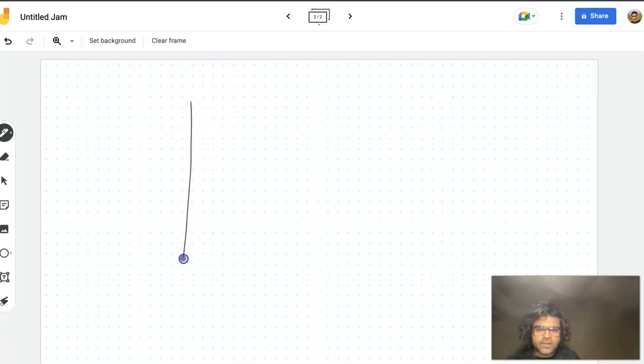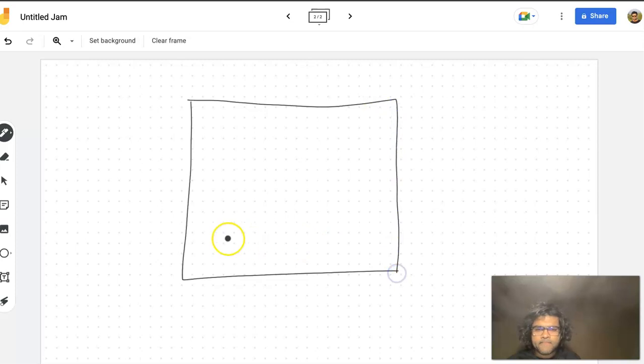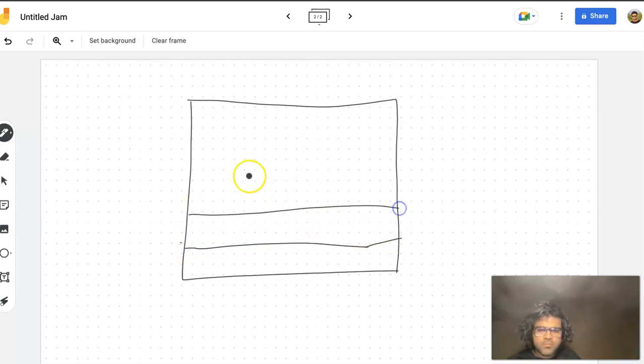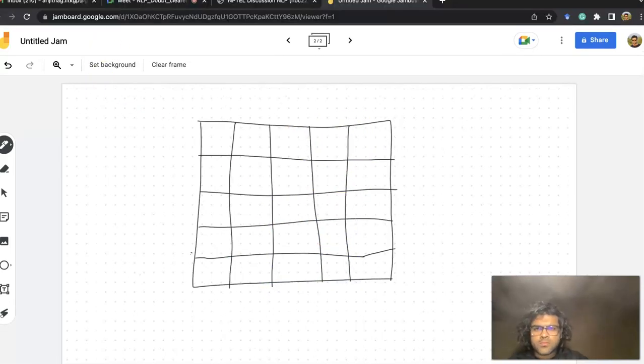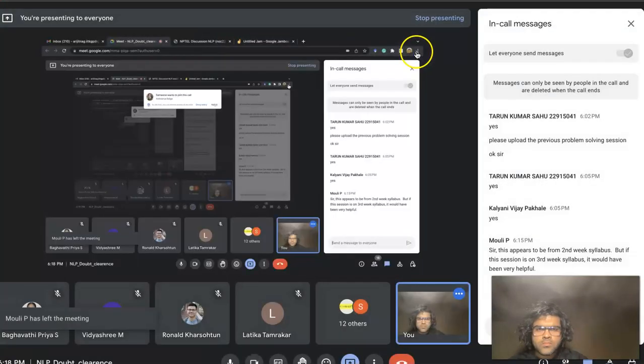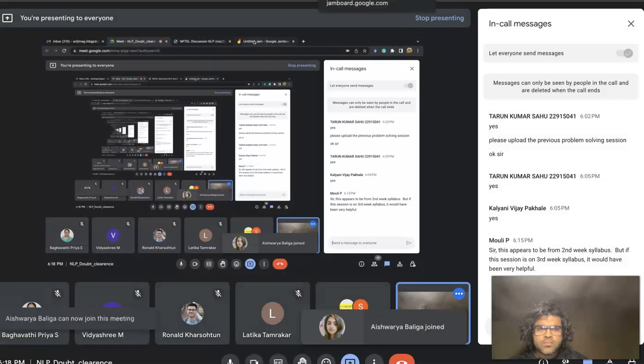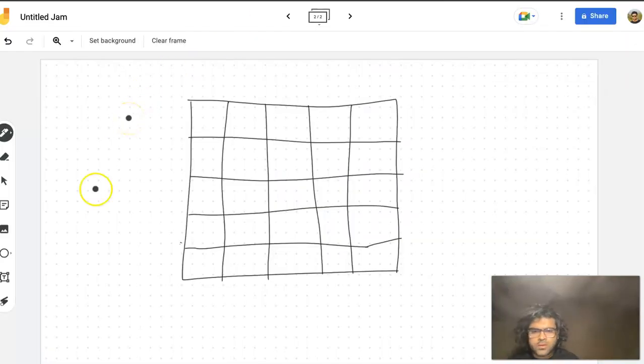So let's draw the table here. So this is cats.